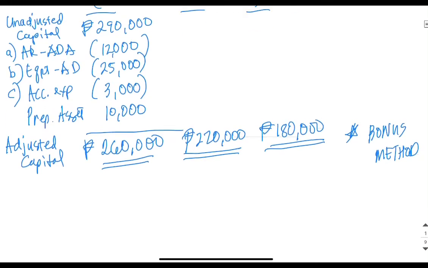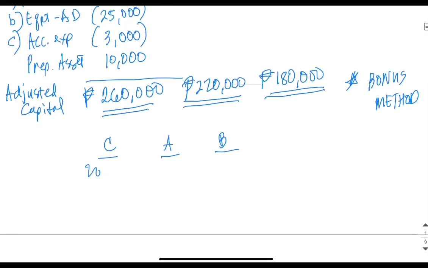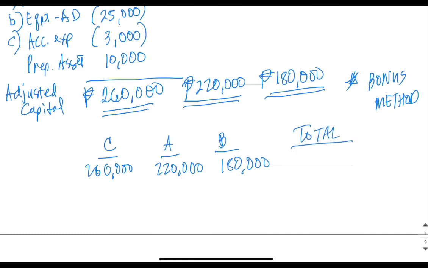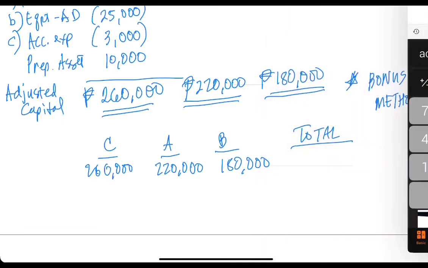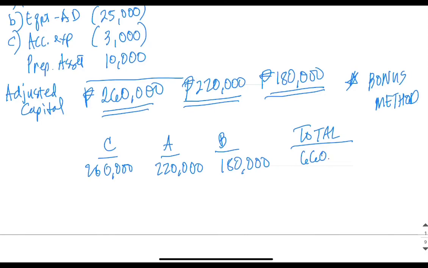Okay, so 260, 220, and 180,000. So partner C, A, and B. Let's write it again here. 260, 220, and 180,000. Let's determine the total. 260 plus 220 plus 180. Okay, so that is 660,000.